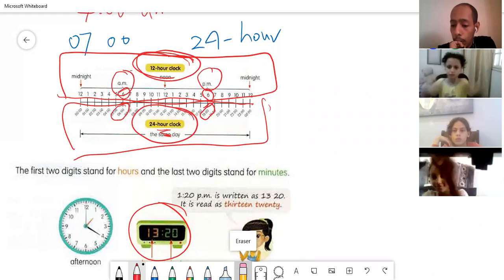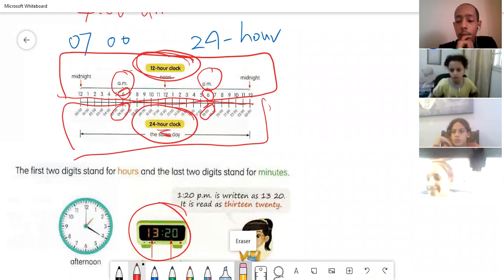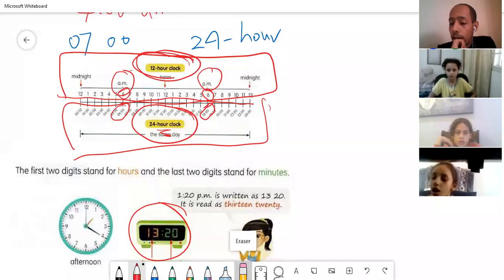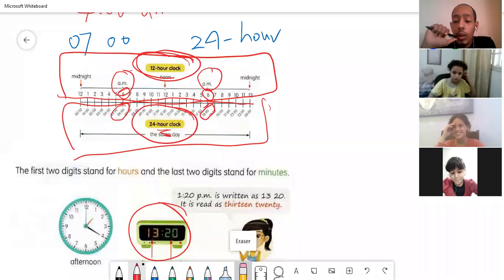Clear? Okay. Ibtisam, is that clear? Yes, I'm here. Is it clear now? Isra, is it clear now? No, I'm not clear.